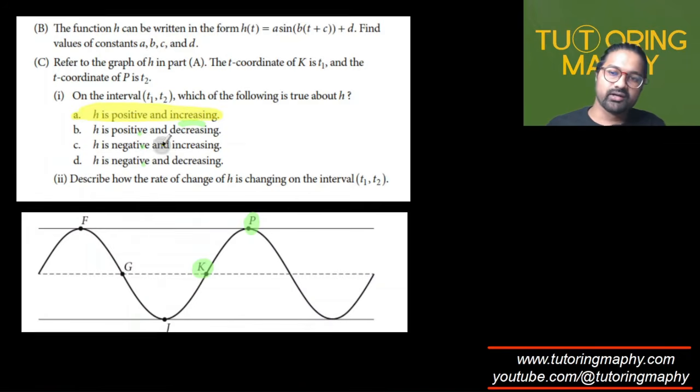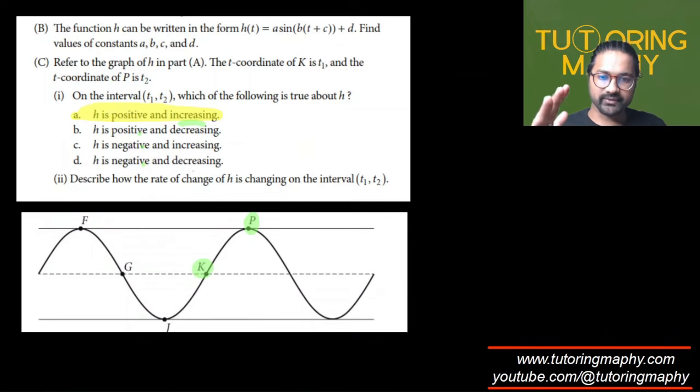Part 2 is interesting because they're asking to describe how the rate of change of h is changing on the interval t1 to t2. It means that they're asking whether the slope of the tangent made between this region, that slope is increasing or decreasing.